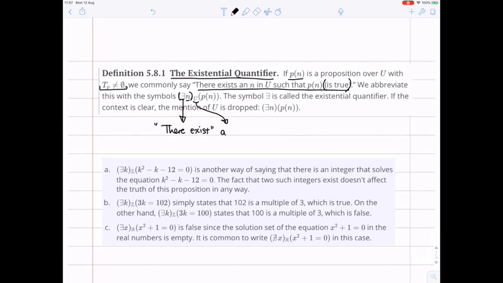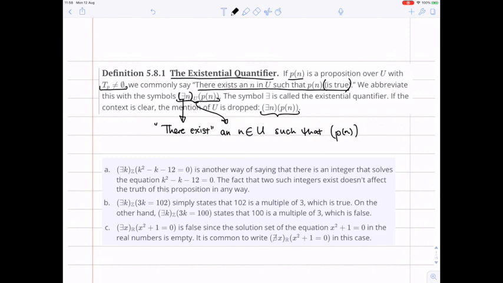So there exists an n in our universe, and we don't say anything about "such that", that's just implied, and then we write P(n). And that means that P(n) is true. We've abbreviated this whole long sentence into that short little snippet of symbols. If it's clear which universe we're talking about, then we just omit the subscript U.